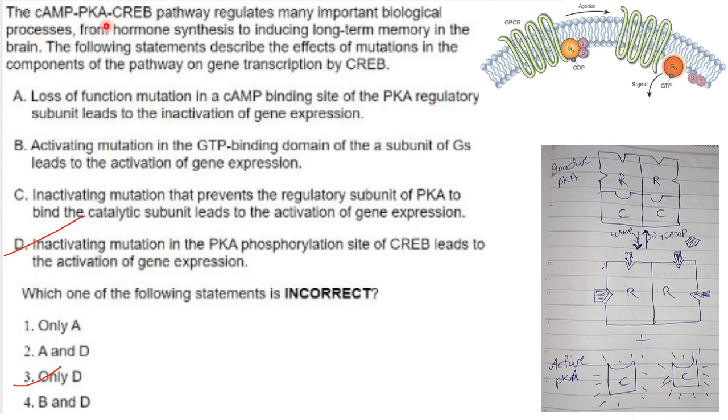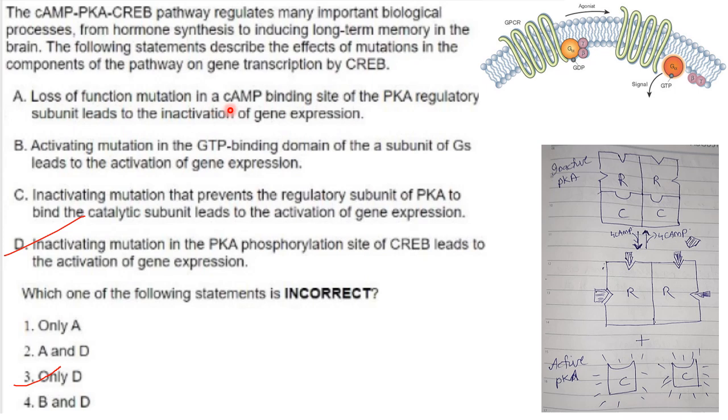The cAMP, PKA, CREB pathway, CREB, I told you, is cAMP responsive element binding protein, regulates many important biological processes from hormone synthesis to inducing long-term memory in the brain. The following statements describe the effects of mutation in the components of the pathway on gene transcription by CREB. Which of the following statements is incorrect? So you have to see for the incorrect statement.